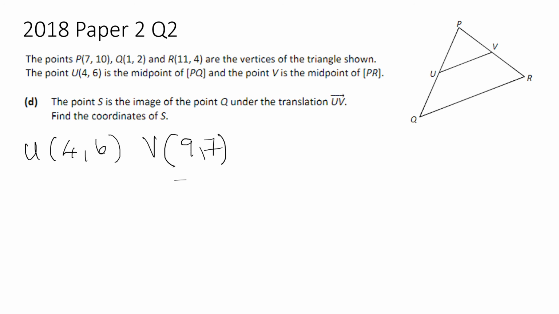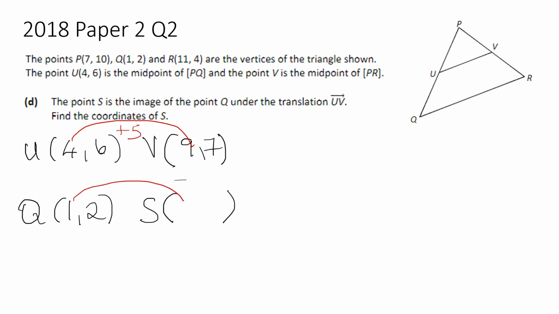When we look at the translation or movement, we have to see what we get from Q. Q was (1, 2). They're asking you to find S when you have the same translation or movement. Here 4 to 9 was an addition of 5, so you're going to add 5 here as well.